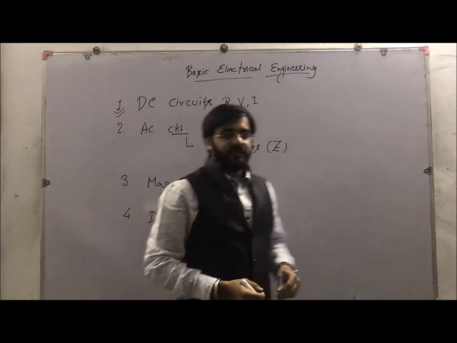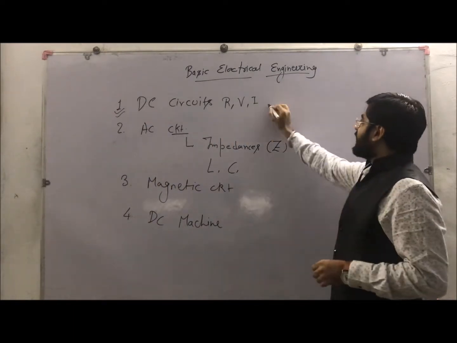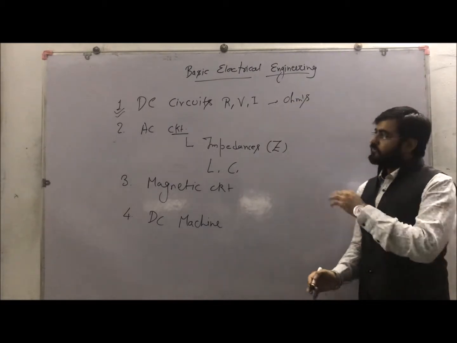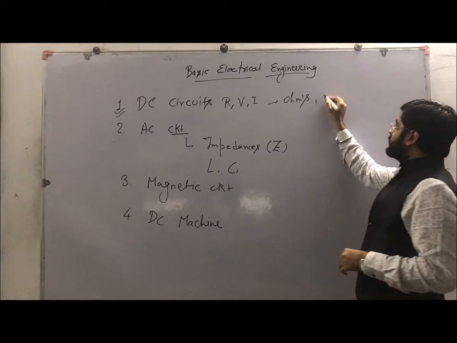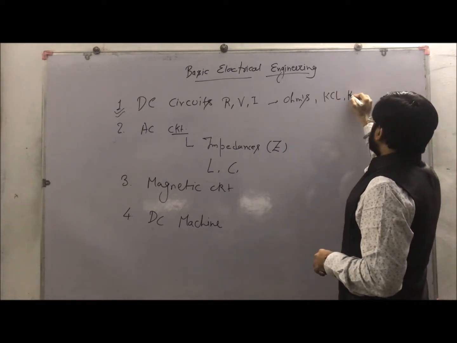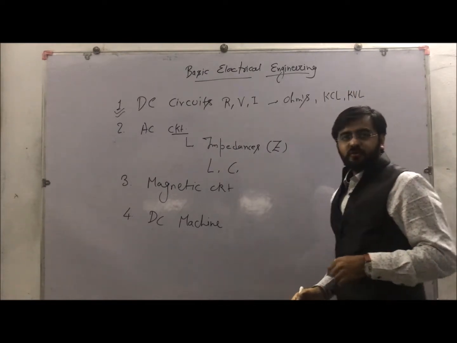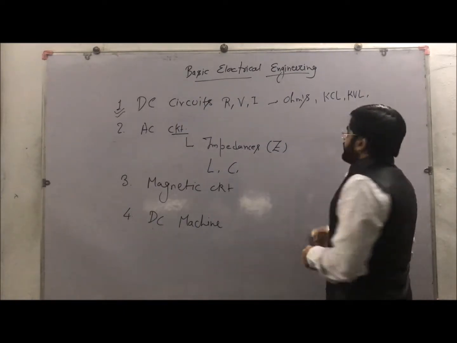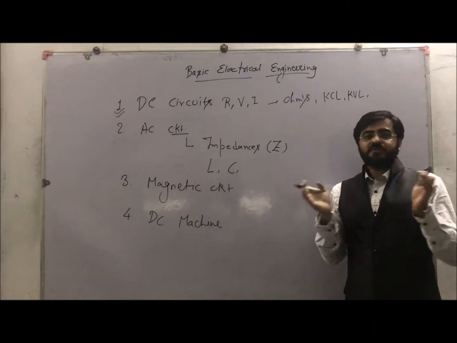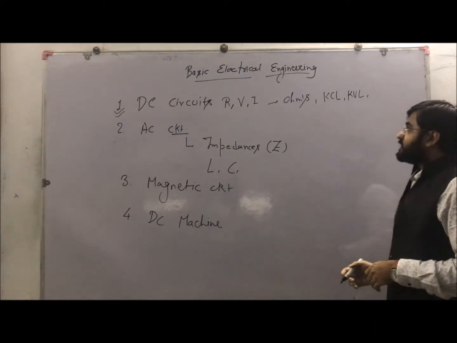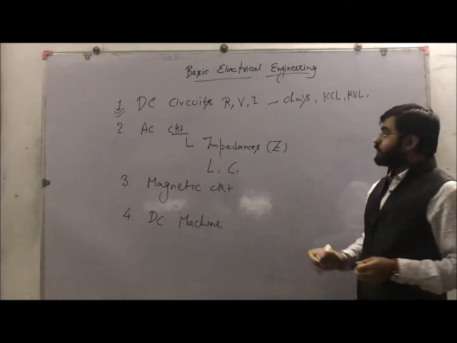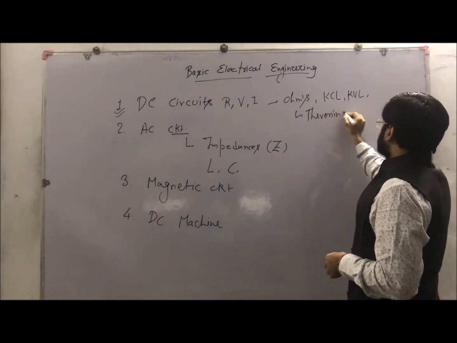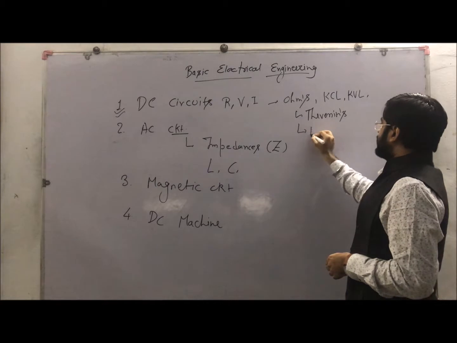If we talk about DC circuits, we have Ohm's law, which is a very basic law of basic electrical engineering. Further, KCL and KVL, Kirchhoff's current law and Kirchhoff's voltage law. After this, we have to reduce the circuit. For reducing the circuit, we learn two theorems, Thevenin's theorem and Norton's theorem.